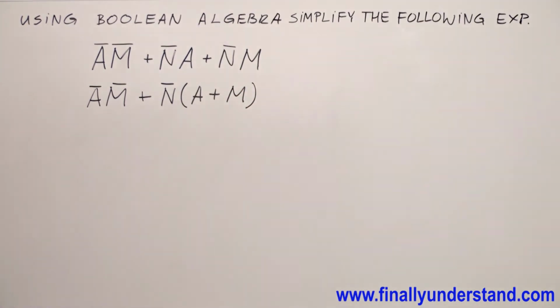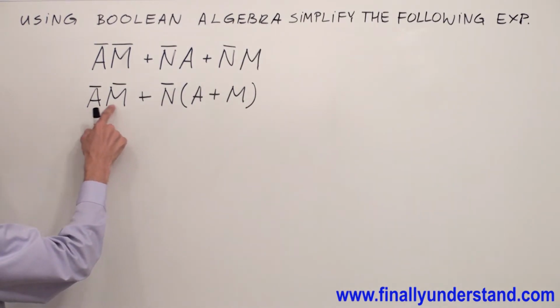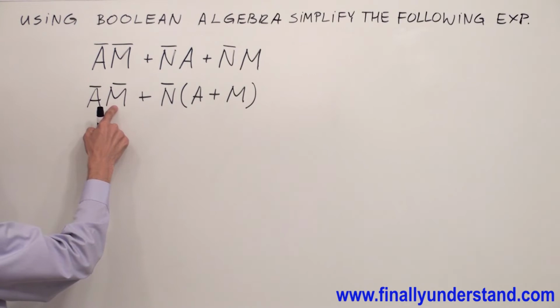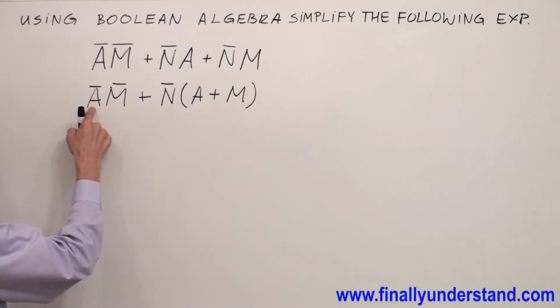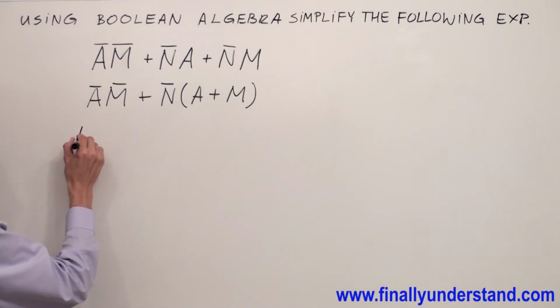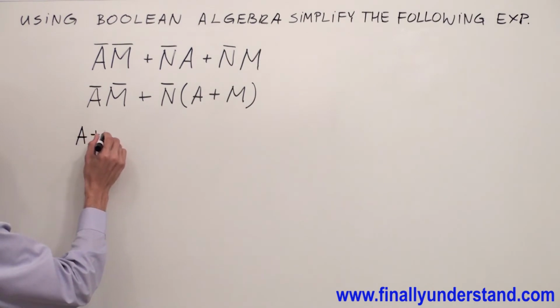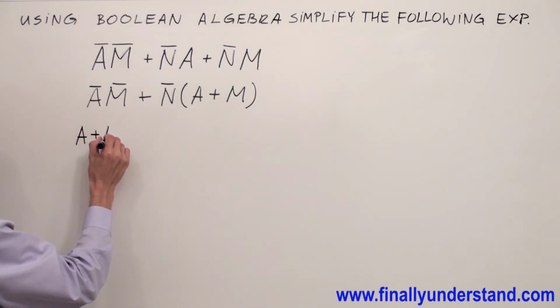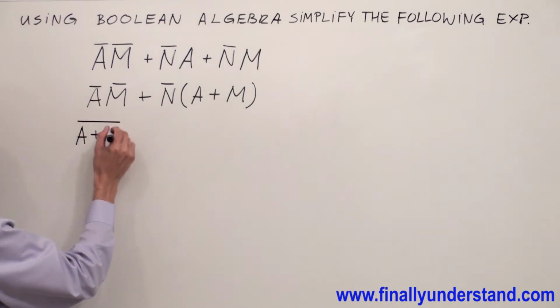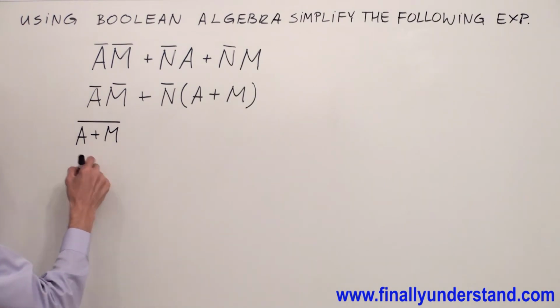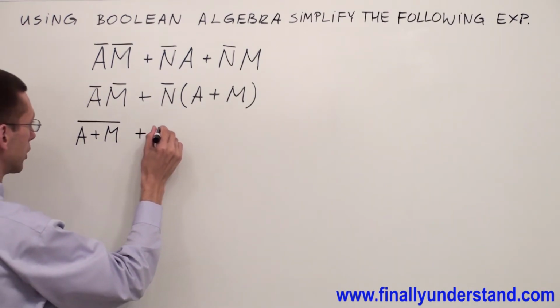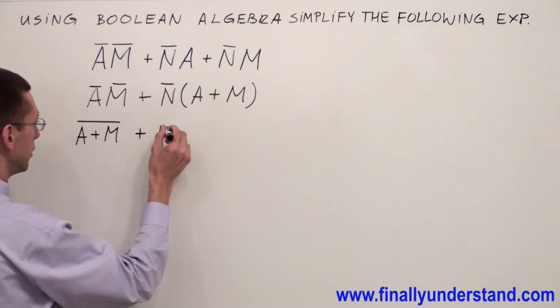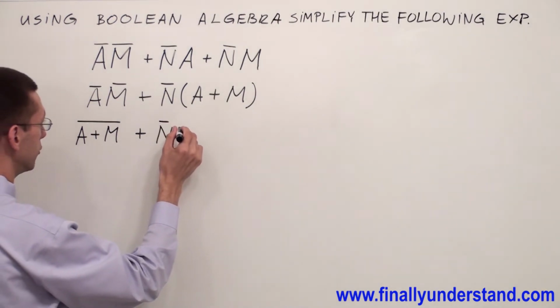Now this is a very interesting example. Why? You have to realize that if I use De Morgan's theorem, I can convert this term into (A or M)', which is a NOR gate, and I'm going to copy down everything I did before.